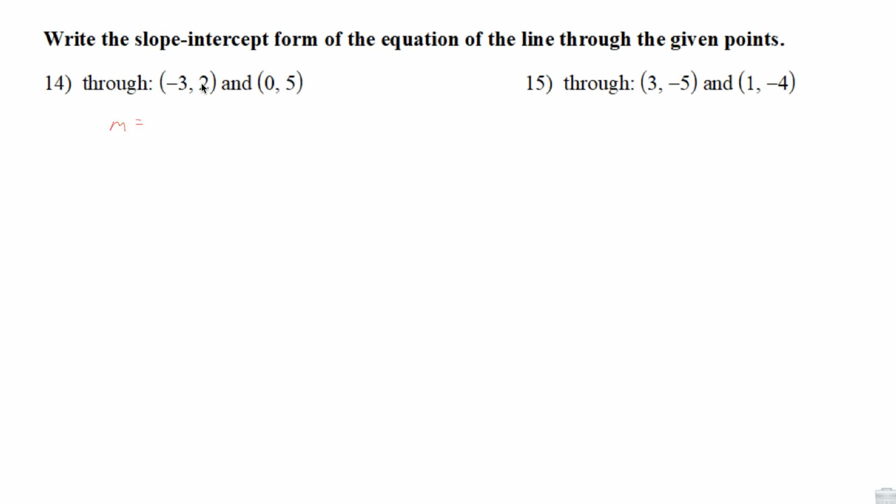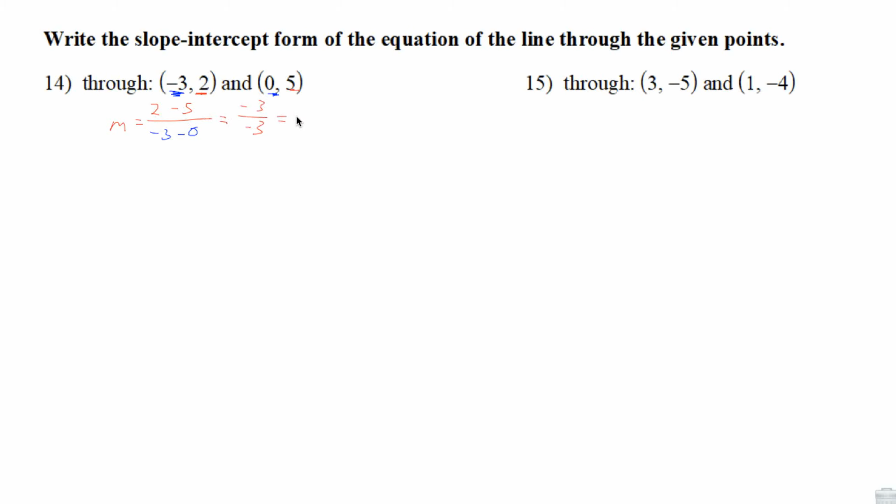And that's y sub 1 minus y sub 2 over the difference of the x values, x sub 1 minus x sub 2. And we get 2 minus 5 is -3 over -3.